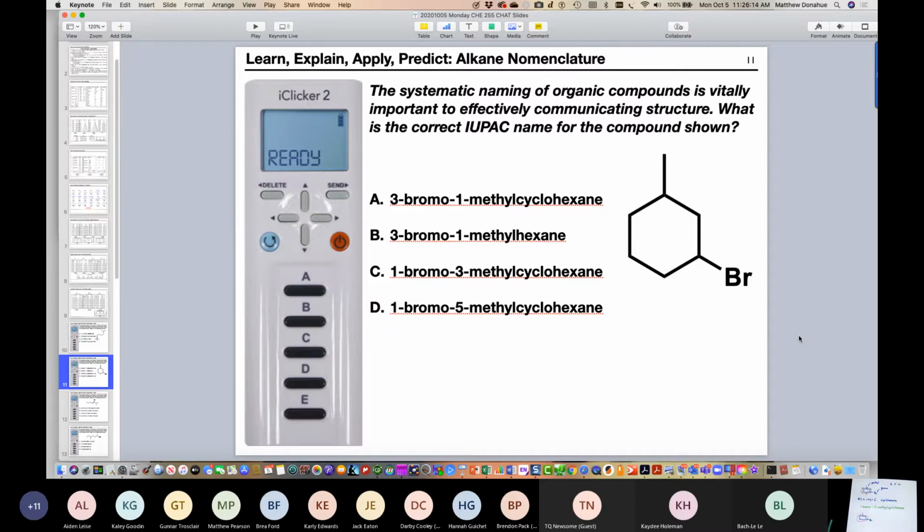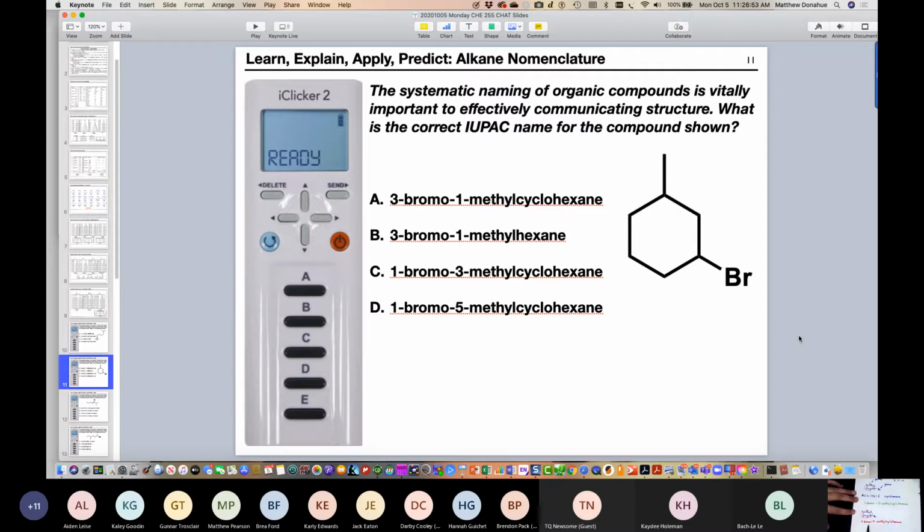Now in the red marker, I'm still going to start the bromine at position 1, but instead of going counterclockwise, I'm going to go clockwise. 2, 3, 4, 5, 6. The bromo and the methyl, in terms of the names, don't change. What will change is the following. 1-bromo. Now it will be 5-methyl cyclohexane.